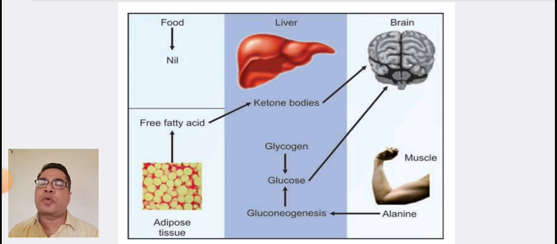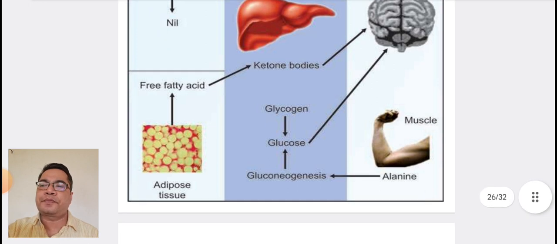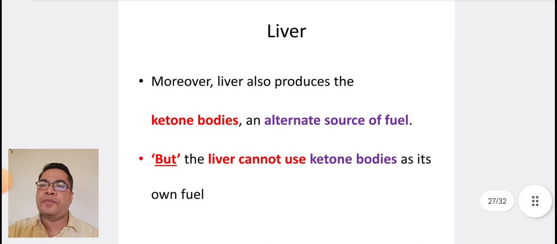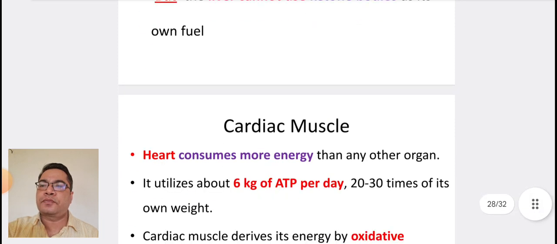Also, muscle protein breaks down and amino acids are released, which form glucose, and again the brain takes up this glucose for energy. Moreover, the liver also produces ketone bodies, an alternate source of fuel, but the liver cannot use ketone bodies as its own fuel.